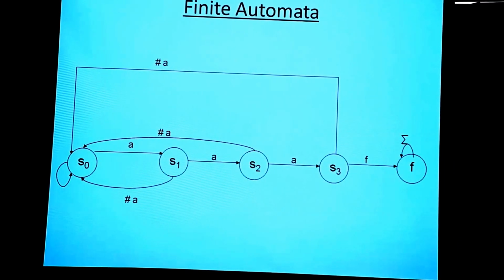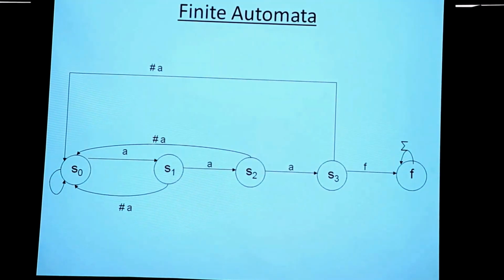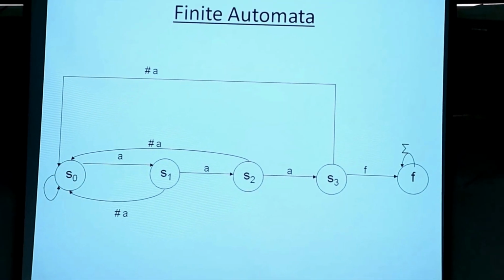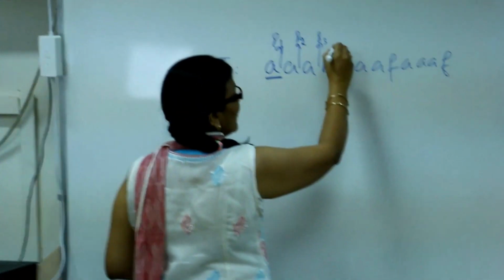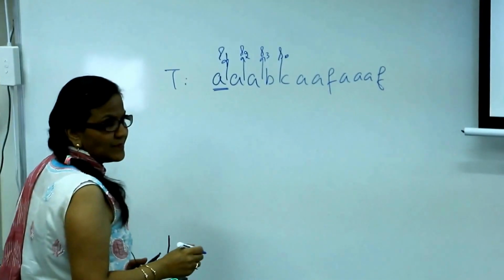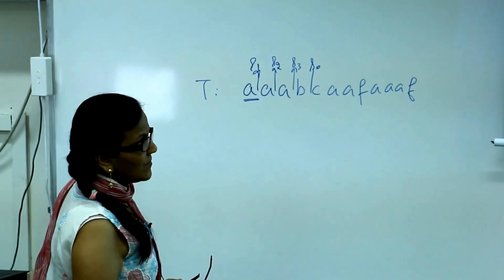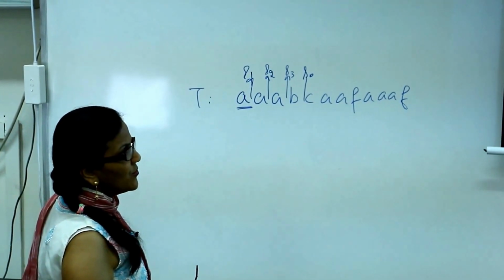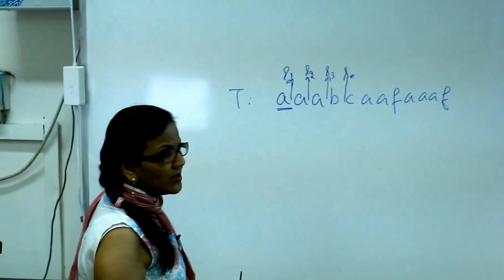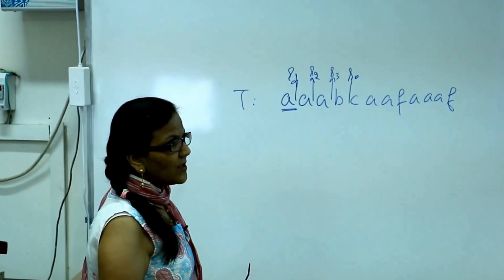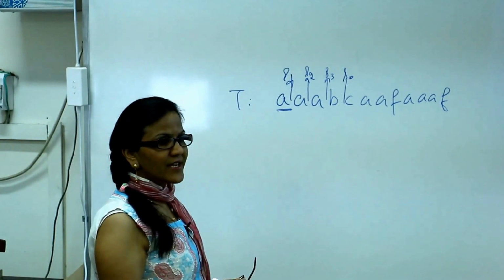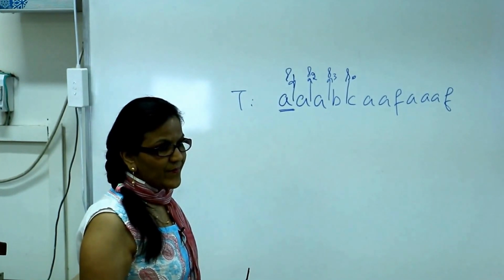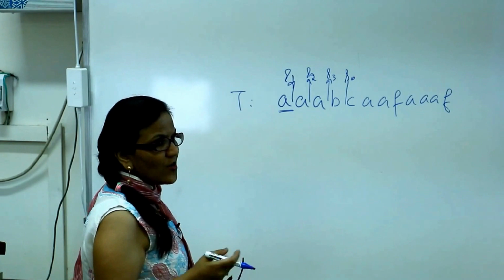We go to S1, then we scan this, we go to S2, then we scan this, we go to S3, and when we see a B, we go back to S0. There should be a loop on S3 also. If we see an A, no. We want exactly 3 A's followed by F. Otherwise it will allow more than 3 A's.